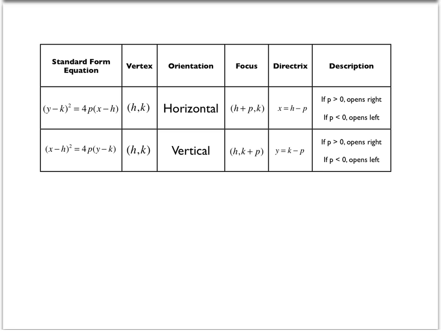This one down here should be opens up, and opens down. Those two words we should correct. Otherwise, take some time and write down the items in this chart, and we'll go through a couple examples after that.